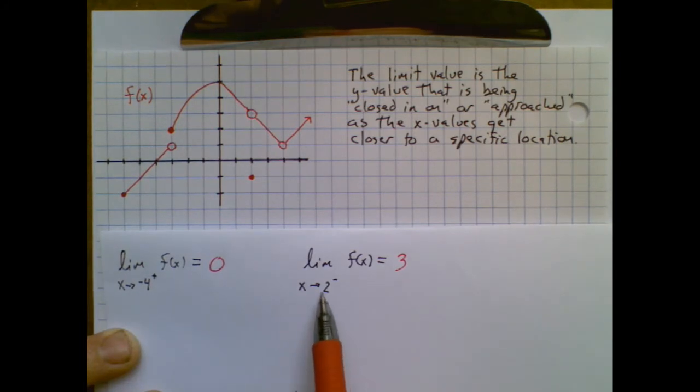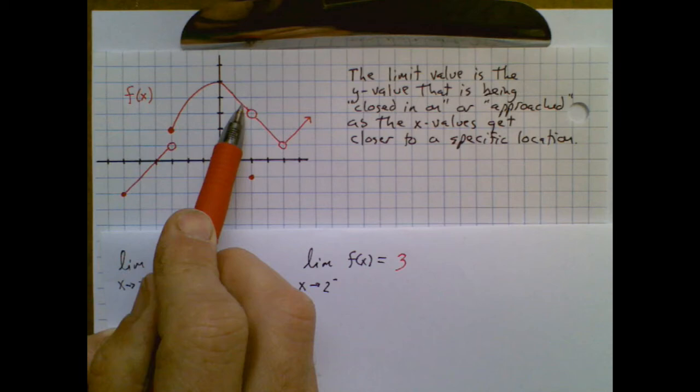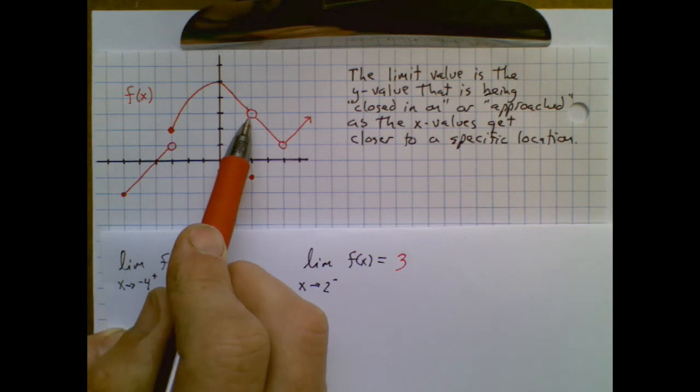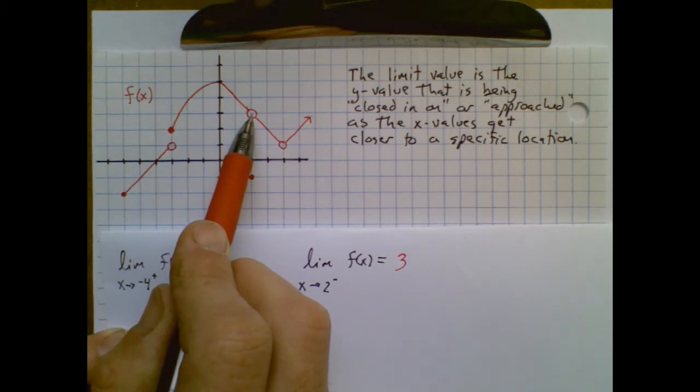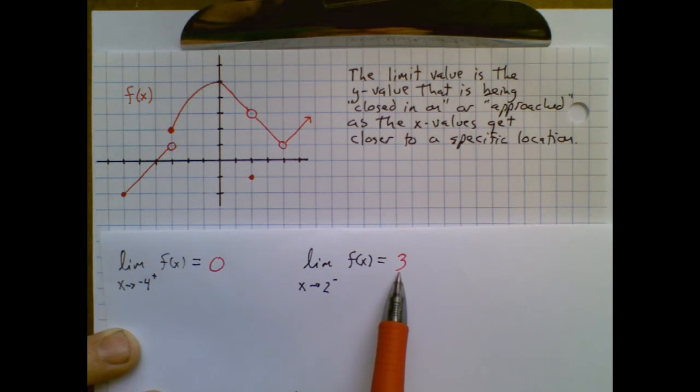As I'm approaching 2, what is the trend in my y values? And the trend is, it looks like I'm closing in on a y value of 3. It literally doesn't matter what happens when I get there, because I never get there. I just approach 2. So this is a very hard hurdle to get over. This answer is 3.